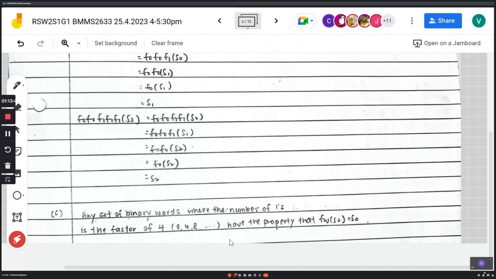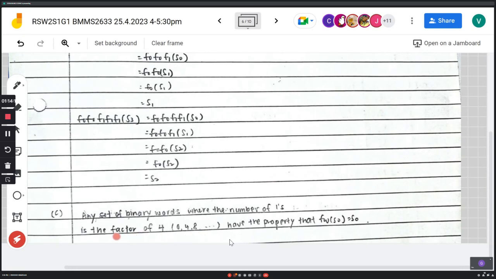Besides 2, we have 1. So 1, 2, 4 are the factors of 4. But in this case, just now you said you have 4 1s, and then you have 8 1s, isn't it? But you don't have 2 1s.